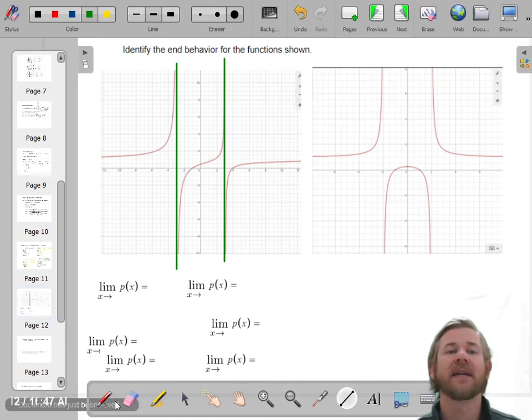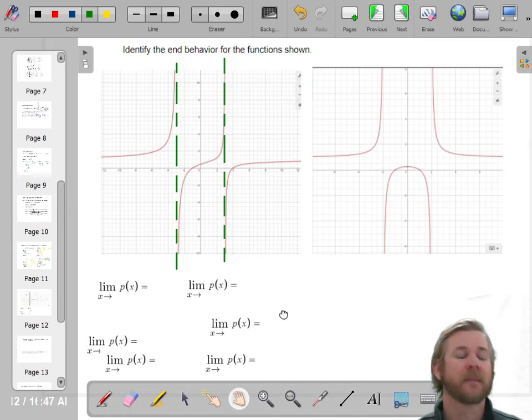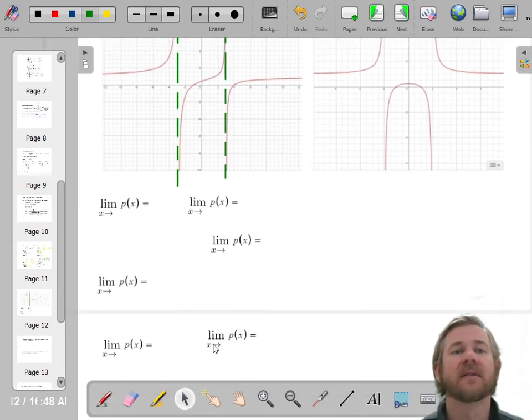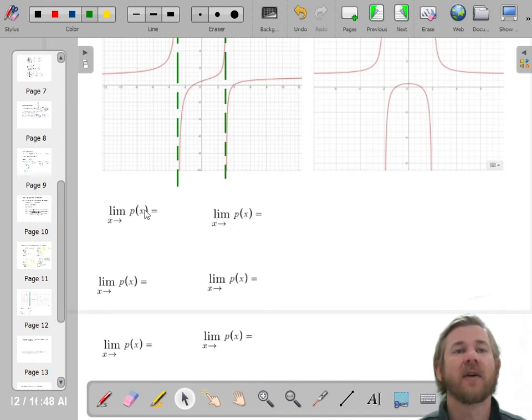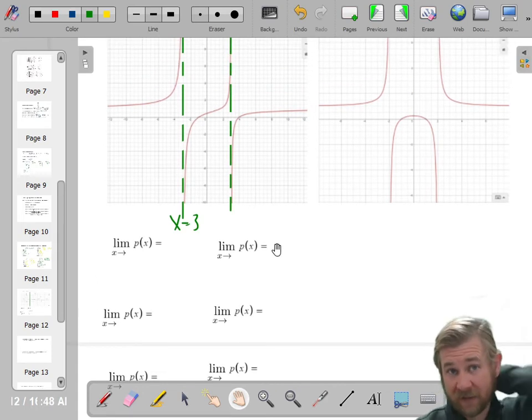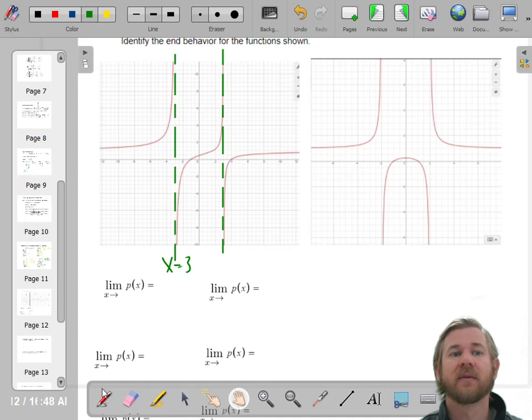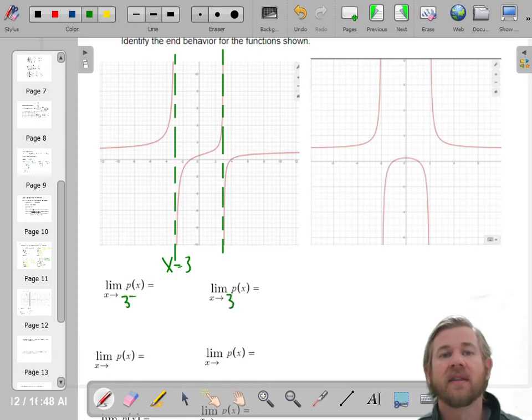For the vertical asymptote at x equals 3, we're going to have 2 limit statements because it approaches 3 from 2 different places, the left and the right. If you're on the left side of the asymptote, it's going up, so this is infinity. On the right side of the asymptote, it's going down, so this is negative infinity.